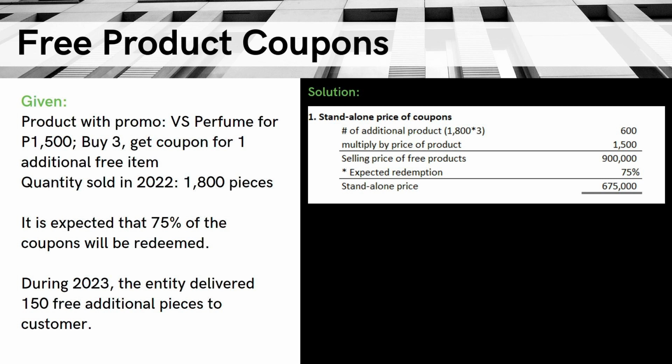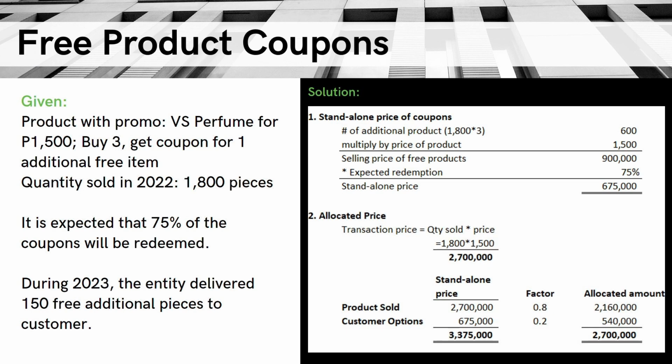Okay. Next is, for step 2, we will allocate the transaction price. So, transaction price equals quantity sold times ang price sa product. So, 1,800 times 1,500, that is a total of 2,700,000. So, ang mini siya nga amount aton i-divide between kung pila ang sa free coupon and then pila ang sa sales niya.